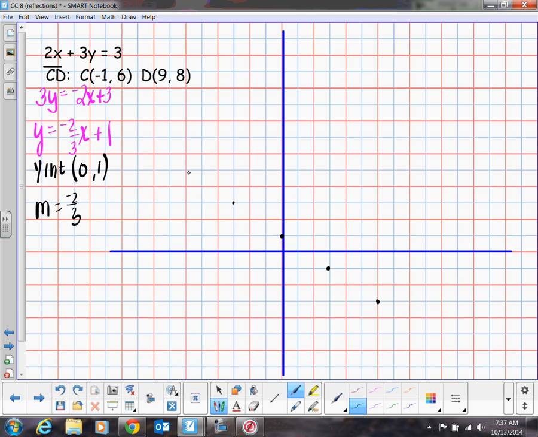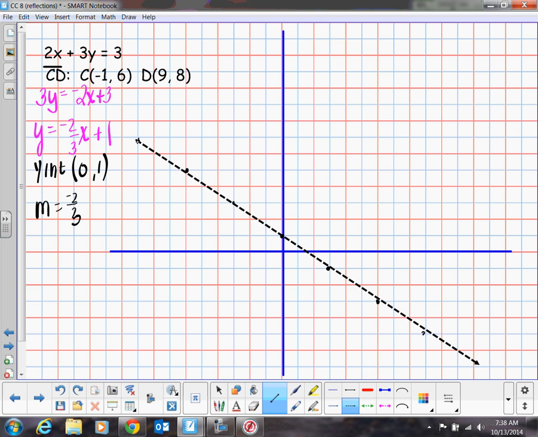Rise 2, left 3. Down 2, right 3. From here, we're going to go up 2, left 3. So this is our reflection line. Hopefully that's enough points.